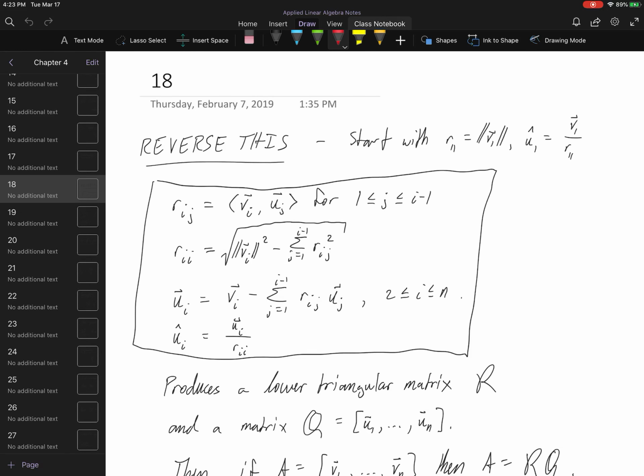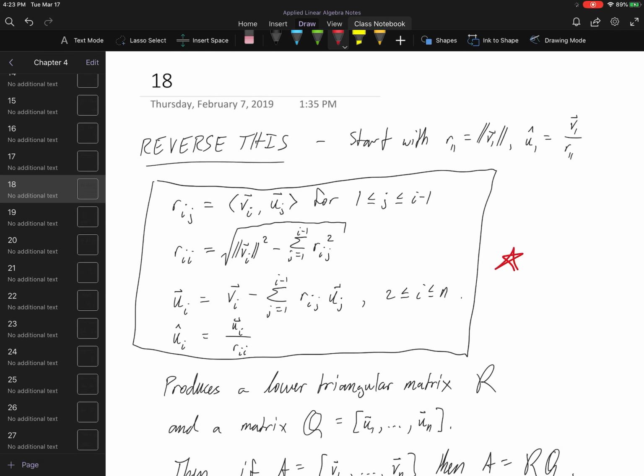Once we know what each of these coefficients Rij looks like, we can actually build the Rij matrix from scratch. So we don't have to know what the U vectors are a priori. We can build them along the way.